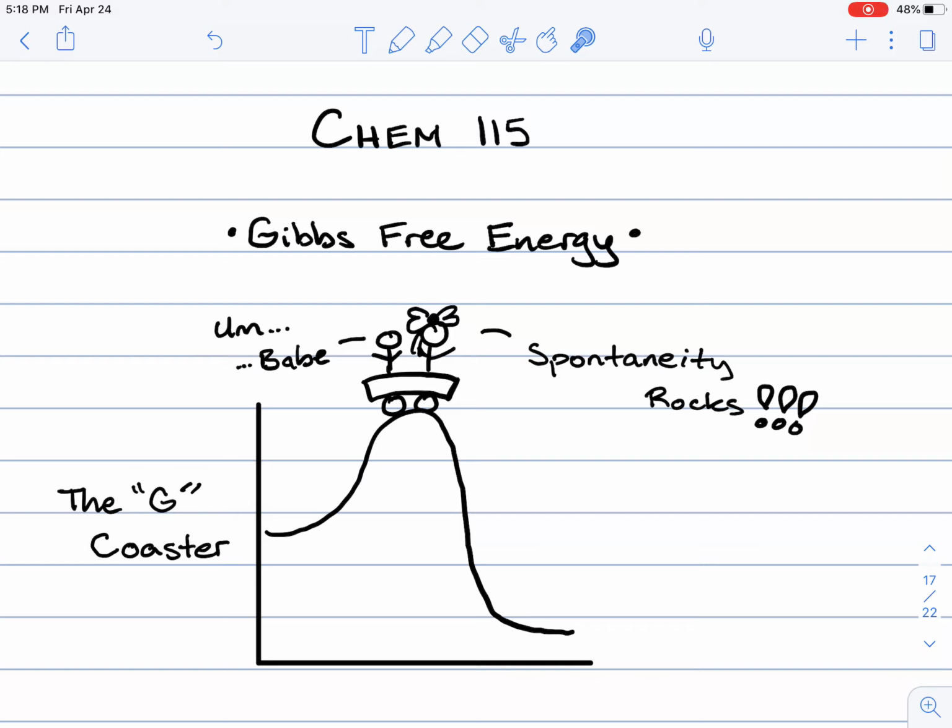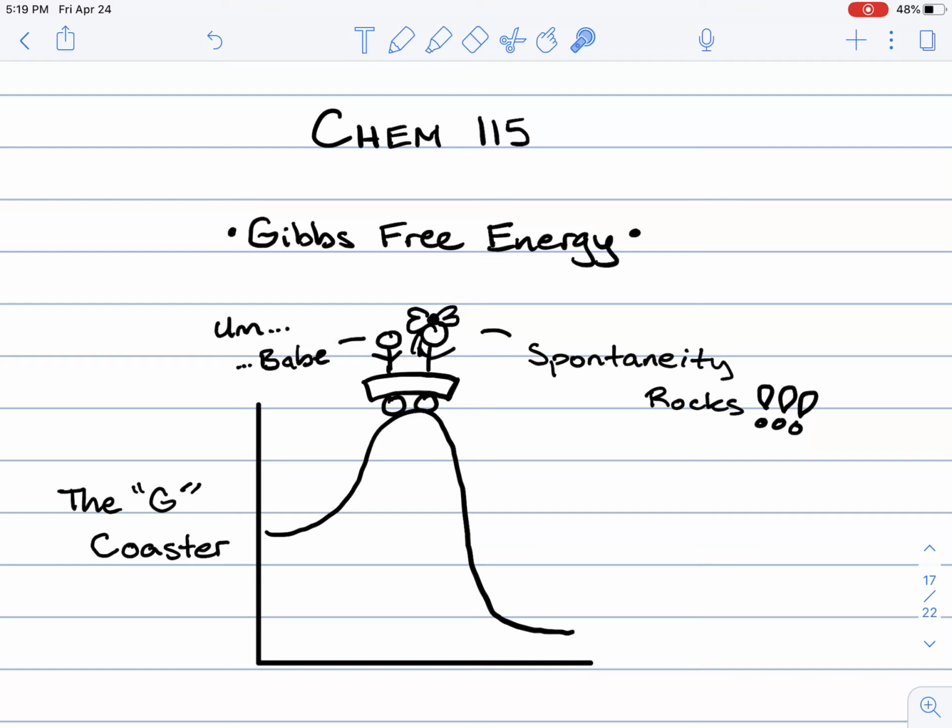And so this idea of Gibbs free energy is going to be derived, and we'll see this in just a bit, by incorporating other thermodynamic quantities such as enthalpy and entropy, which are topics that we've discussed in prior lecture videos.